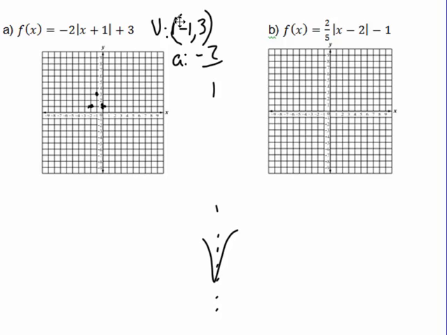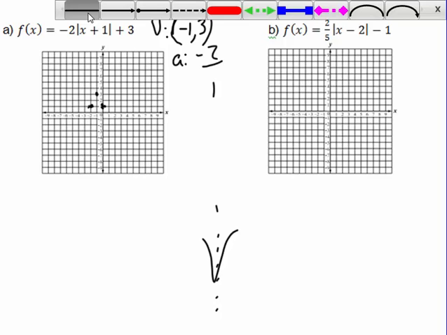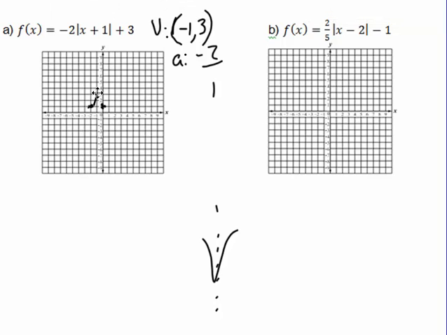And now I can graph my lines. I got that one there. And that one there.